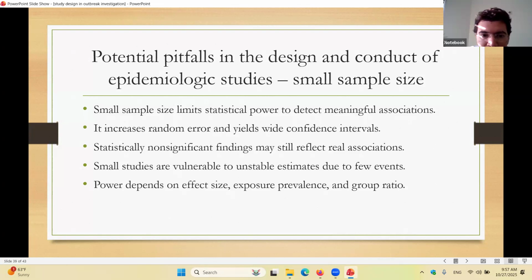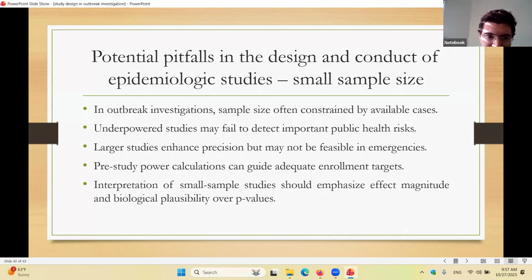Small studies are vulnerable to unstable estimates due to few events. Power depends on effect size, exposure prevalence, and group ratio. In outbreak investigation, sample size is often constrained by available cases.